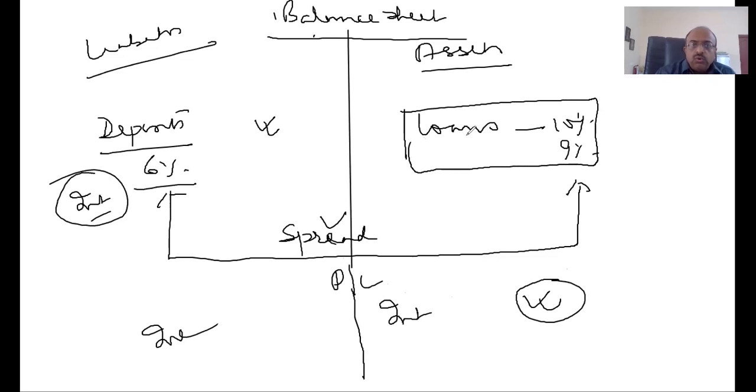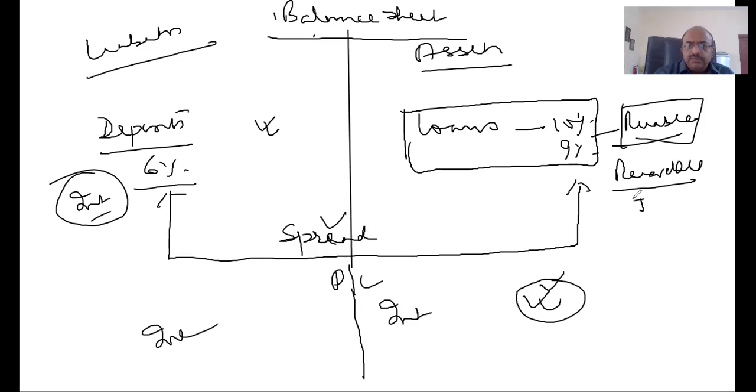But by giving a loan, sometimes the loan itself may not be recoverable. They are not interested in the interest only. They are also interested in recovering the principal, especially in terms of term loans.